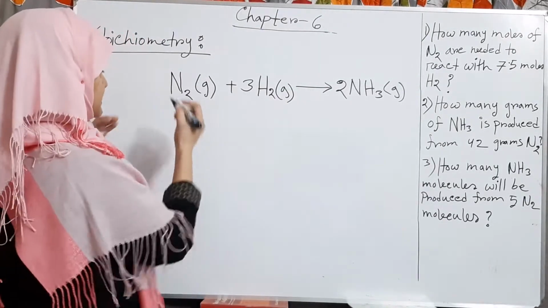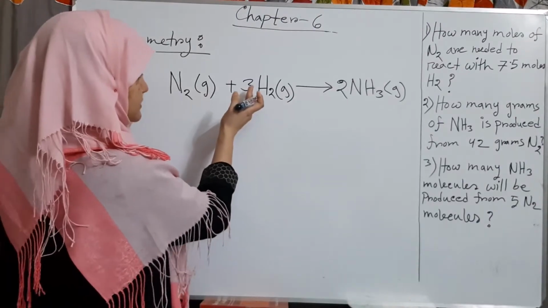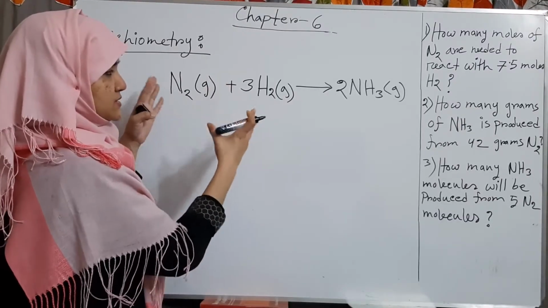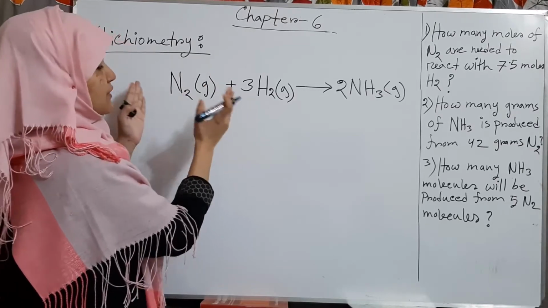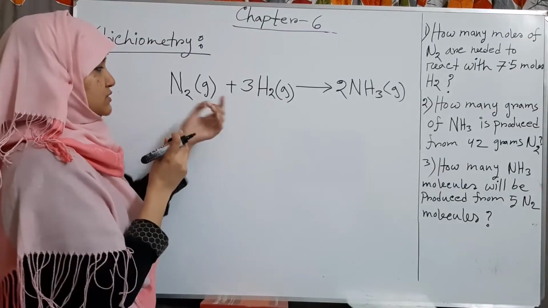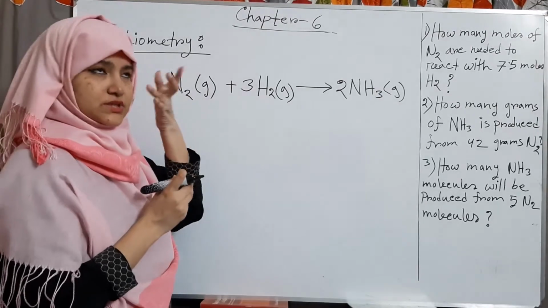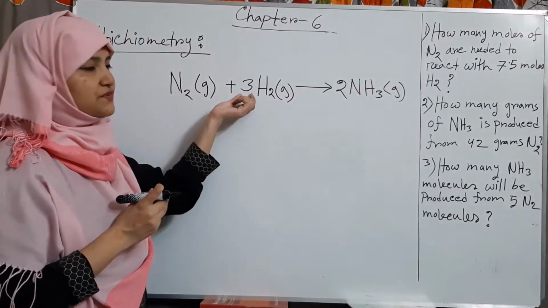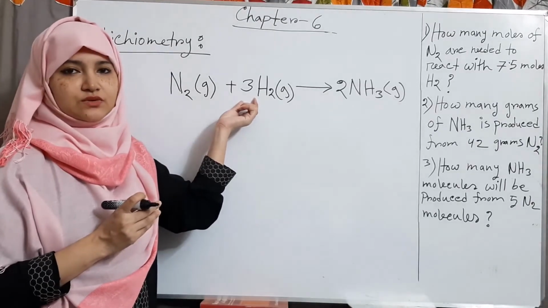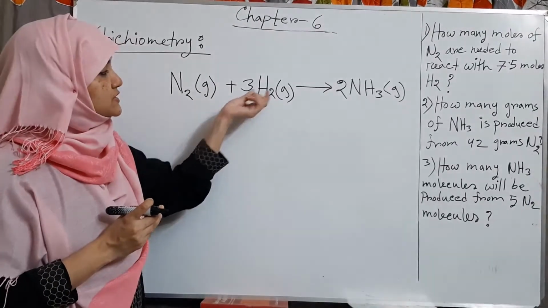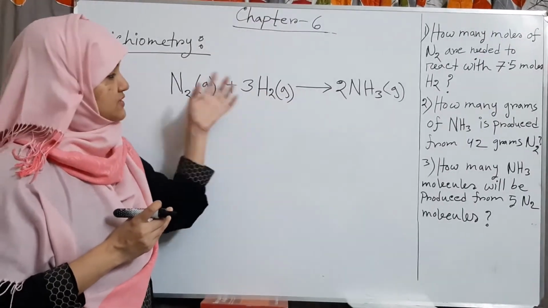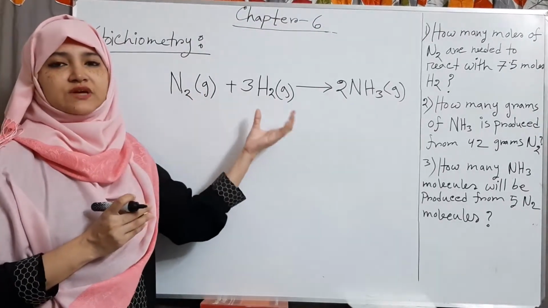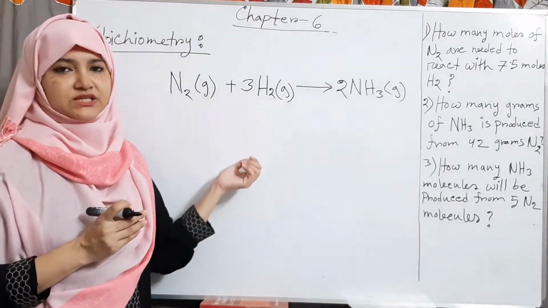That means, for a better understanding of stoichiometry, we have to know the significance of the coefficient. Coefficients represent a specific amount of any substance, and also represent the ratio of the reactants and products in a chemical reaction.